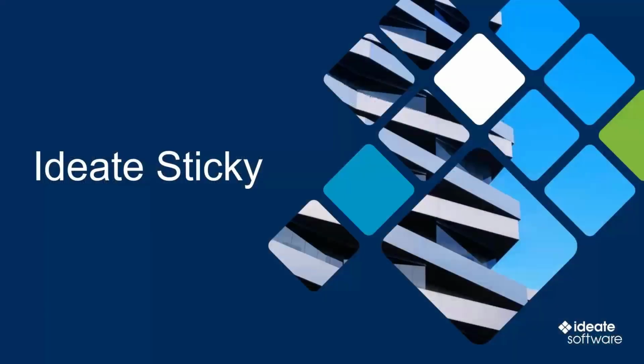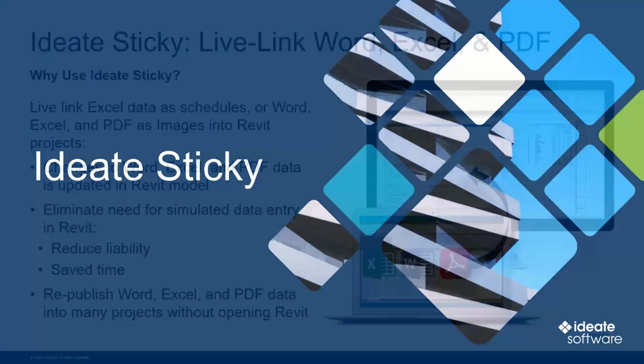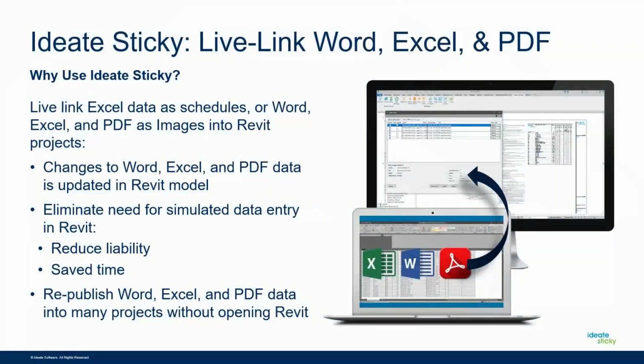Then our Ideate Sticky also works with Excel, but it works a little bit differently in the sense that it's able to link Excel data. I'll talk about the others in a second, but it started out with just Excel data, linking in information that might be specifications or manufacturing data. We can format that and have it be an actual Revit schedule.